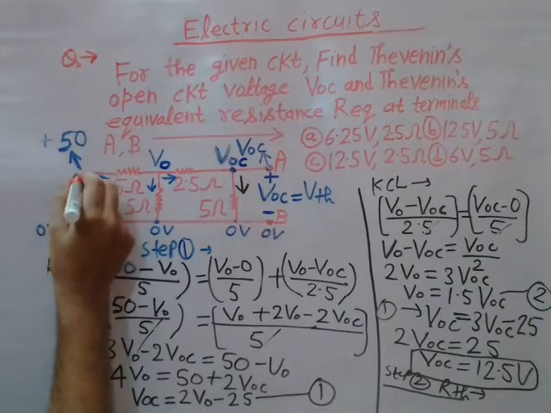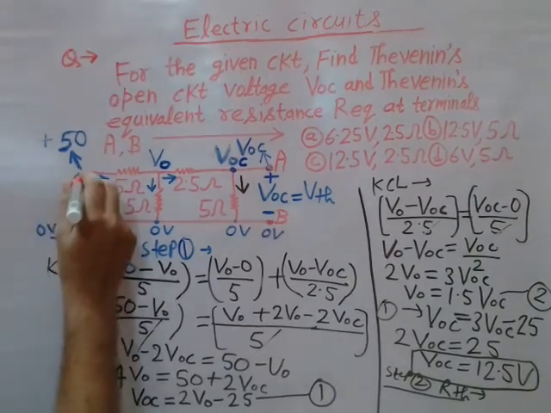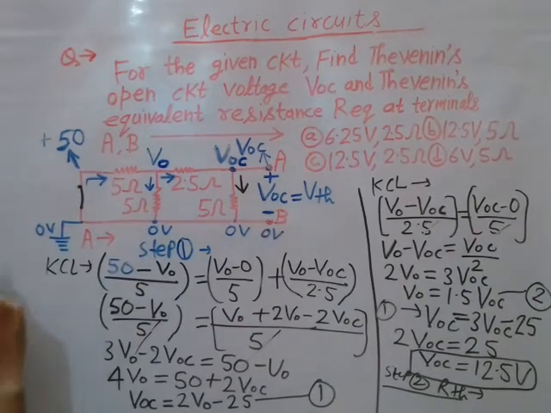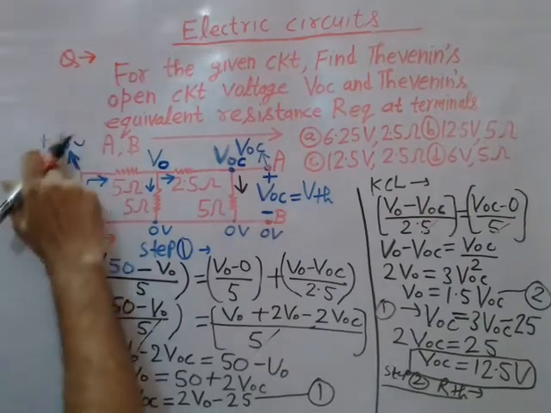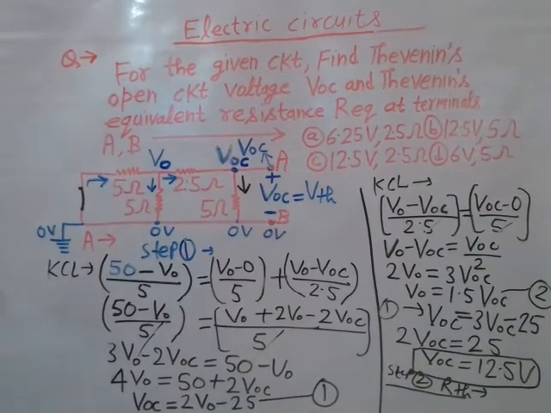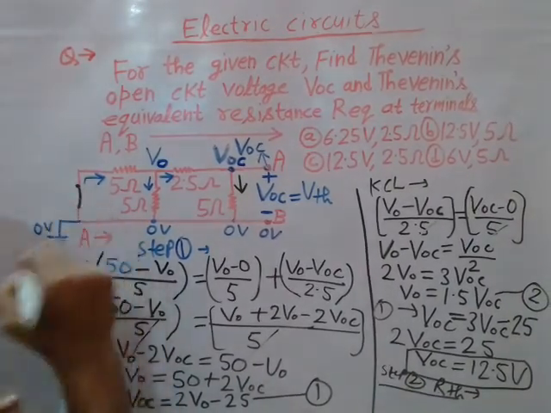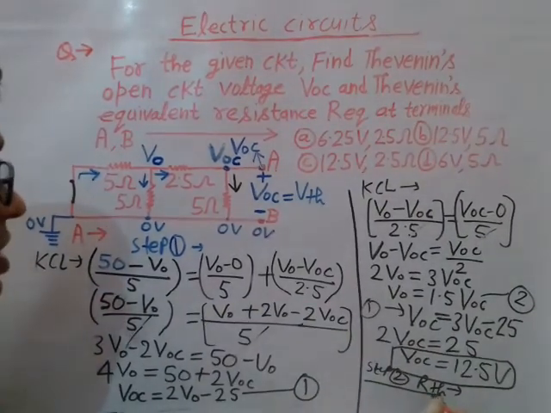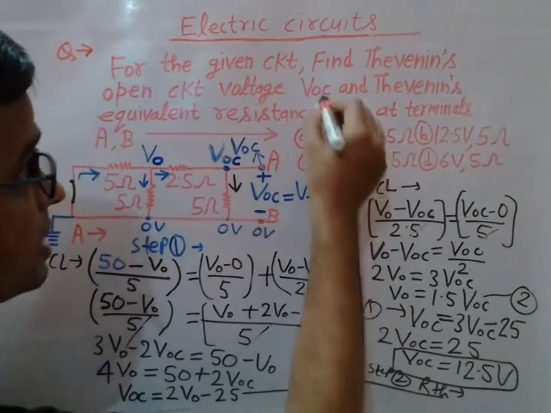I have basically killed this independent voltage source by shorting these two terminals, right? So the effect of this independent voltage source is nullified, and under this condition, after deactivating all the independent sources, we will calculate the RTH, Thevenin's resistance, or R equivalent, right? RTH is nothing but R equivalent in this case.